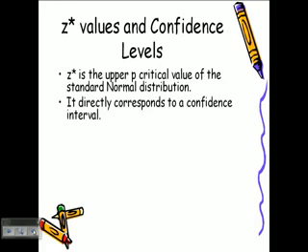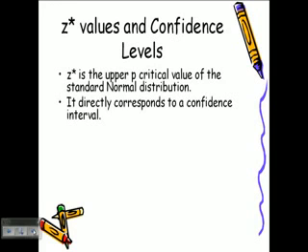And that z-star value directly corresponds to a confidence interval. If I change my confidence level from 95 to 90%, I do not capture as many values. My confidence interval shrinks, therefore my z-star value gets smaller.